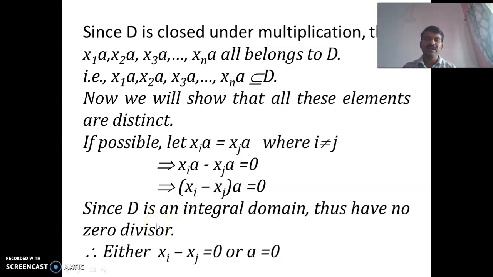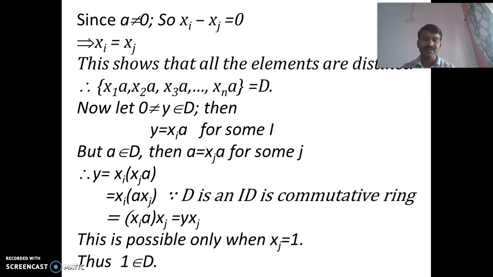Since D is an integral domain, it has no zero divisors. Either xi minus xj equals 0 or a is 0. Suppose a is non-zero, so xi minus xj equals 0, which implies xi equals xj. But i is different from j, so this shows that all the elements are distinct, and these are all the elements of D.